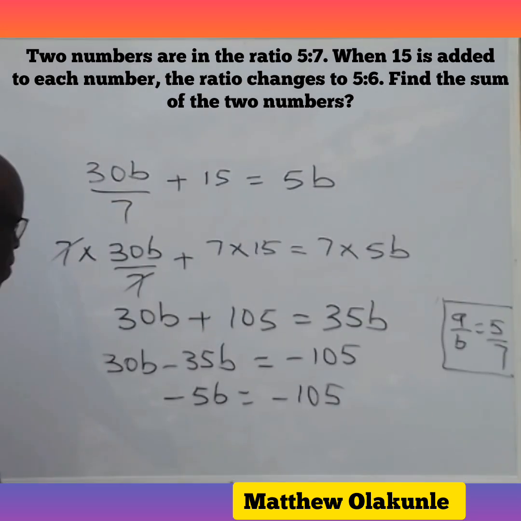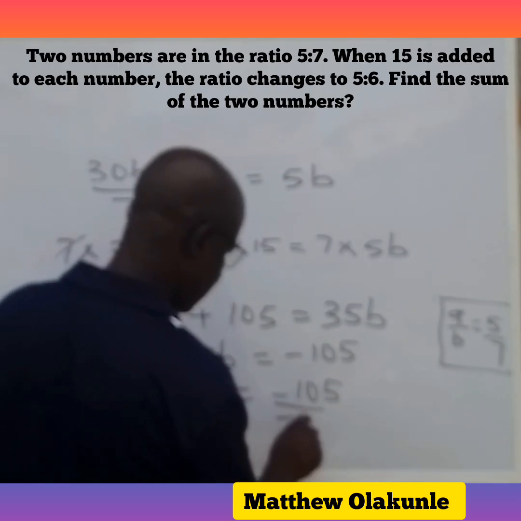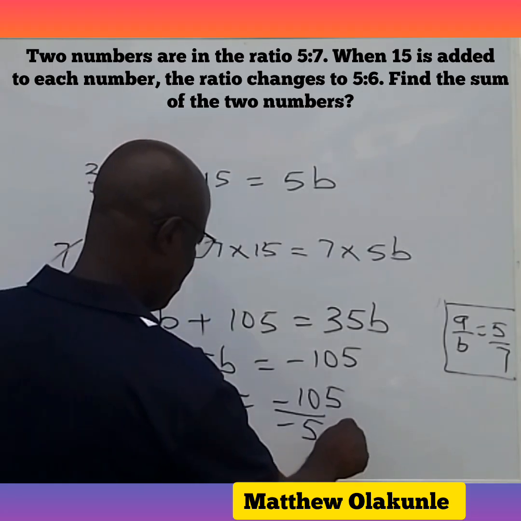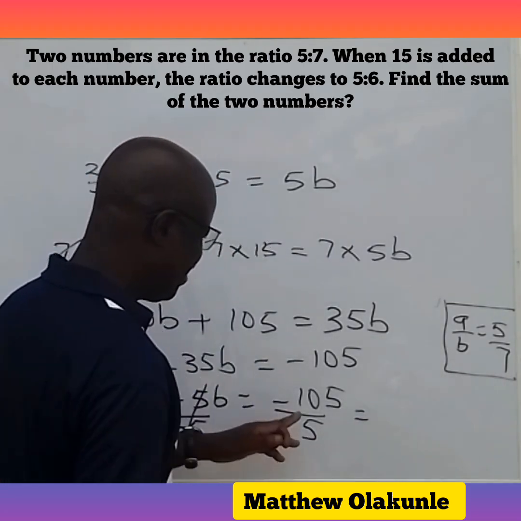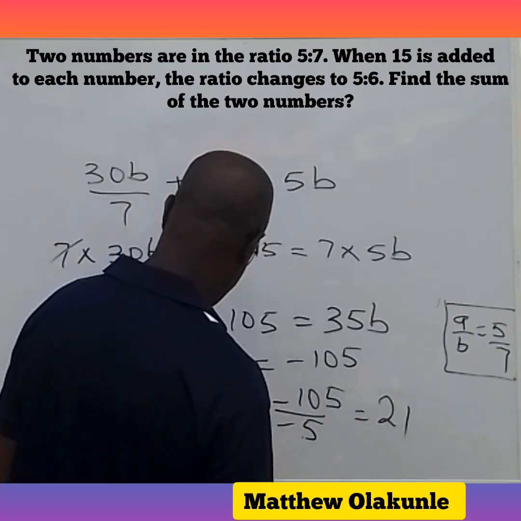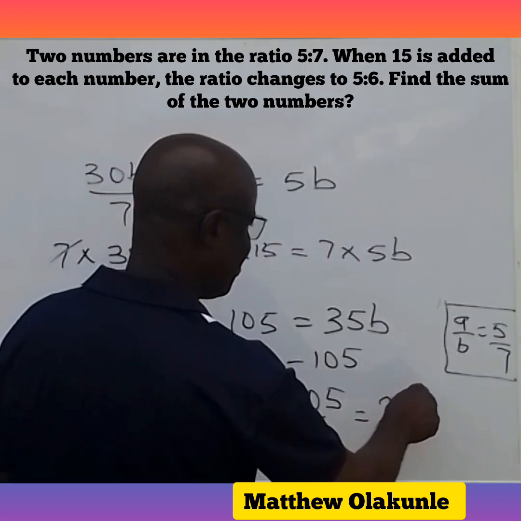Now divide both sides by minus 5. So this minus minus becomes plus. 105 divided by 5 is 21. So your B is 21. Let's keep that one here.